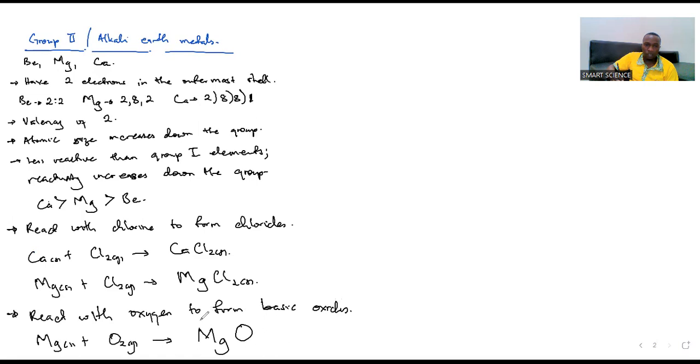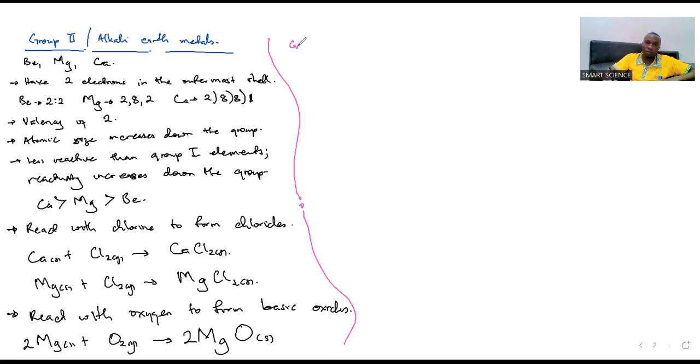The valence of magnesium is 2, that of oxygen is 2. So the compound formed will be magnesium oxide. We balance by multiplying here by 2 because oxygen is 2. Therefore, magnesium will also be multiplied by 2. So those are some of the characteristics of group 2.